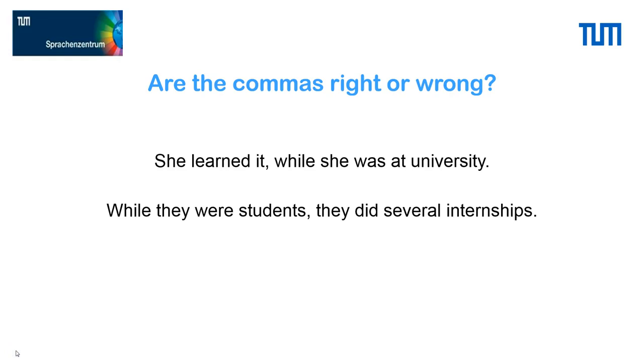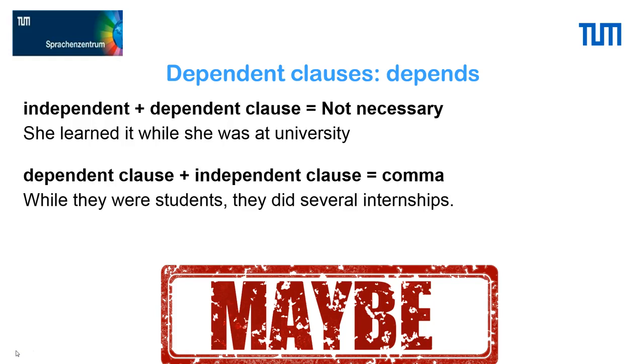Okay then, next we have two sentences. "She learned it, while she was at university," and "While they were students, they did several internships." Again, here it would depend. So here, in both cases, we have sentences that include a dependent clause and an independent clause. And whether or not you use a comma depends on whether that dependent clause comes second or whether it comes first. So in the first sentence, we don't need the comma, and we wouldn't usually have it because we have an independent clause plus a dependent clause.